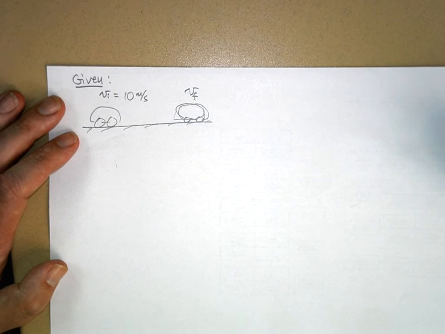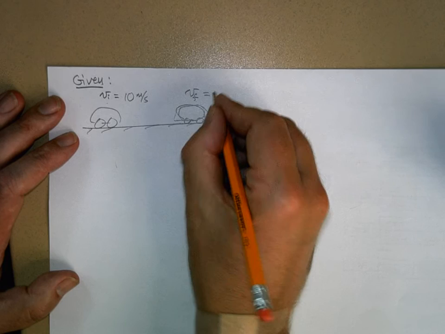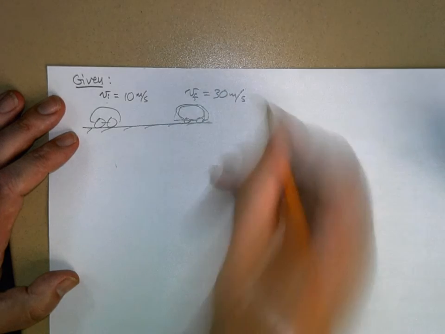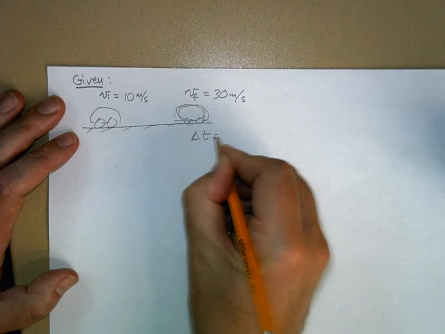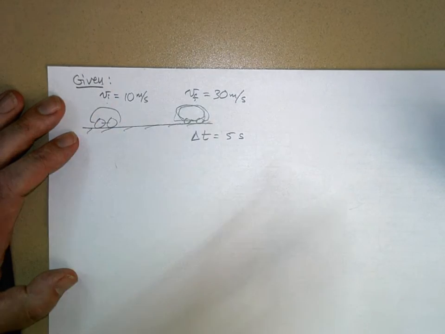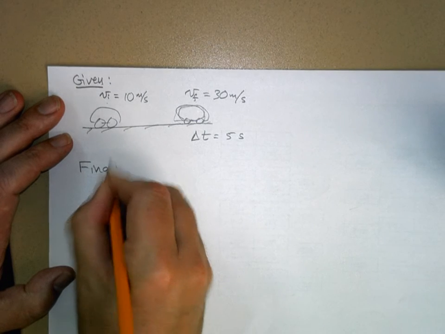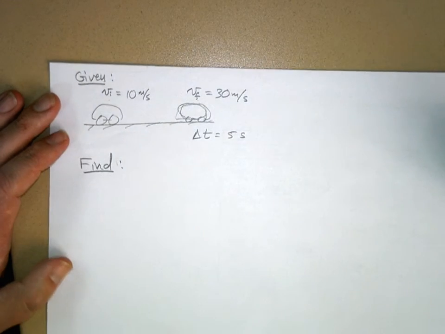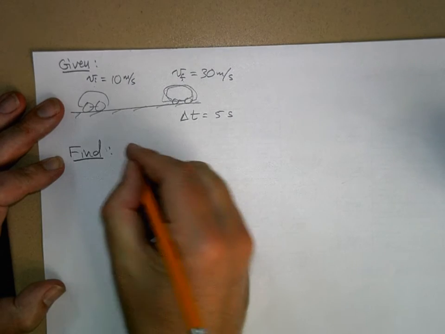Its final velocity is what? 30 meters per second. Now what is the delta T to get here? How much time went by? 5 seconds. So now we want to find, then you write the word find. Given, find, solve. We're trying to find the acceleration.